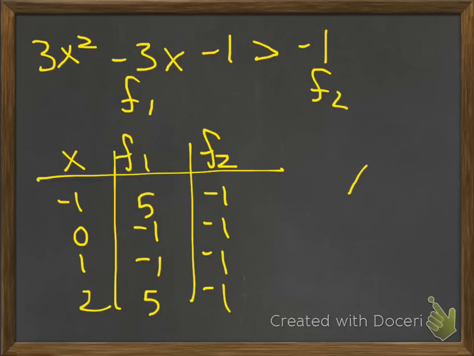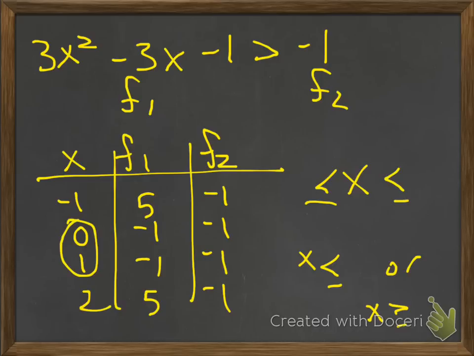But again, either it's going to be x is between two answers, or x is less than one number, or greater than the other number. So I look at my critical values, and those are 0 and 1. So either it's going to be 0 and 1 here, or 0 and 1 here. And actually, that's greater than, so I don't need the line underneath. So let me erase that.